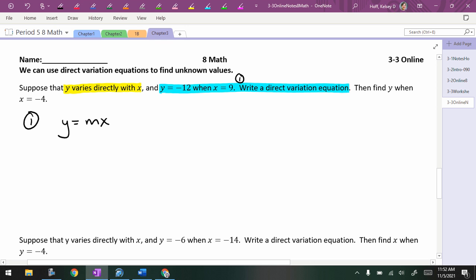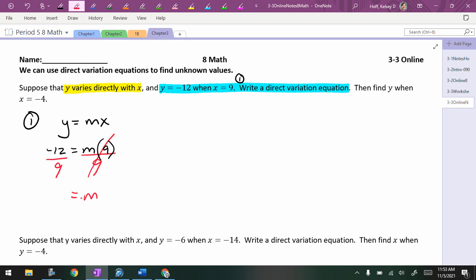What's y? -12. M's going to stay m because I don't know what it is. What's x? 9. How do I solve for m here? Divide by 9. Now, if you type that into your calculator, you get a decimal. You don't want a decimal. Ms. Hoff does not want a decimal.